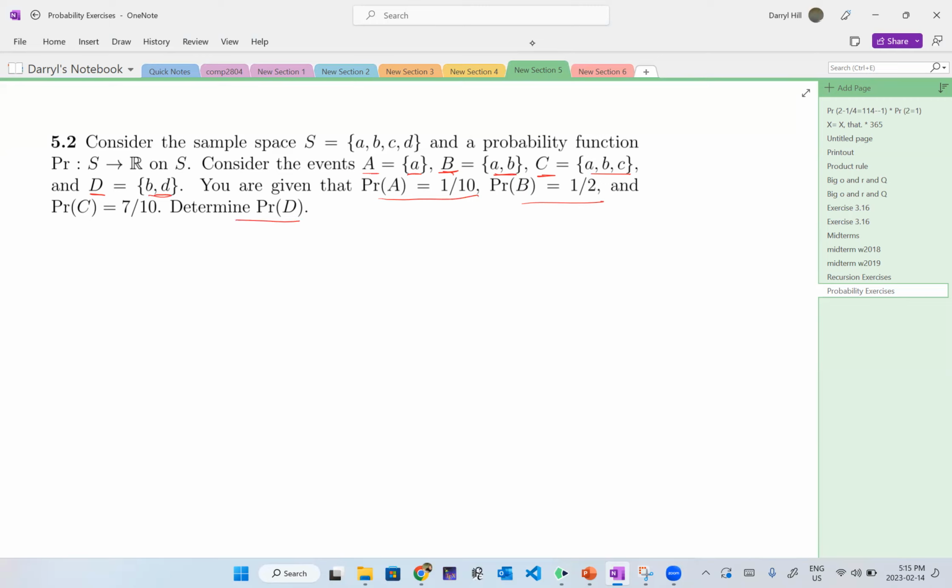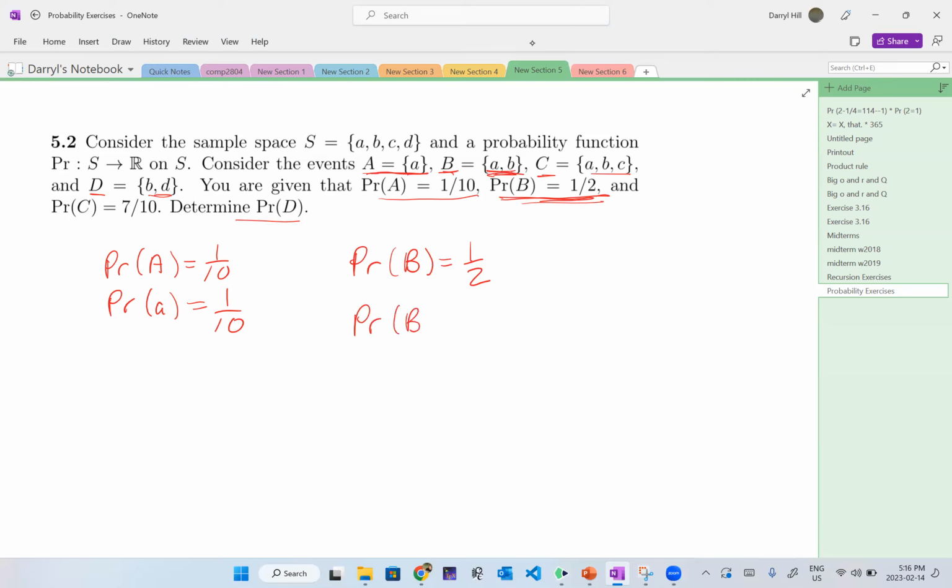All right, so the probability of A is 1/10. This also means that the probability of small a is 1/10, because the event A is simply the outcome small a. Now the probability of B is equal to 1/2. And we know that the probability of an event is equal to the sum of the probabilities of the outcomes in that event.